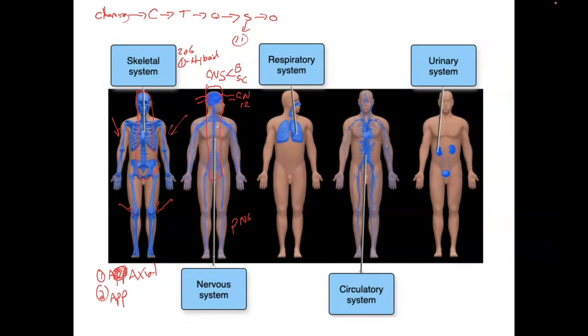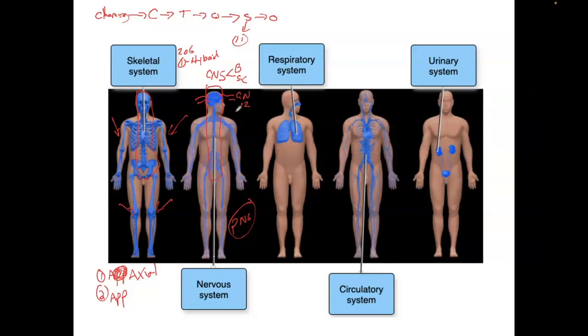It's made up of the brain and spinal cord. If it's not the brain and it's not the spinal cord, anything outside of that is part of the peripheral neural system, like our nerves, whether they're spinal nerves or cranial nerves. And the control center is the brain and the spinal cord.